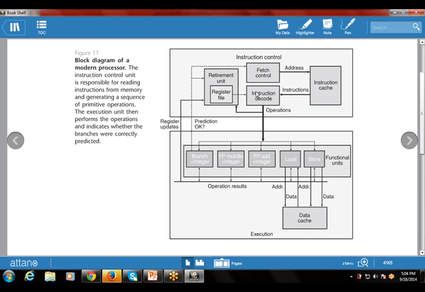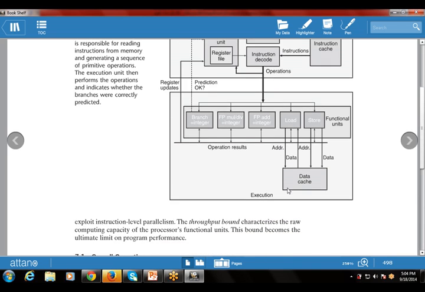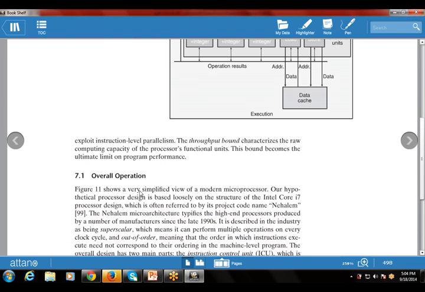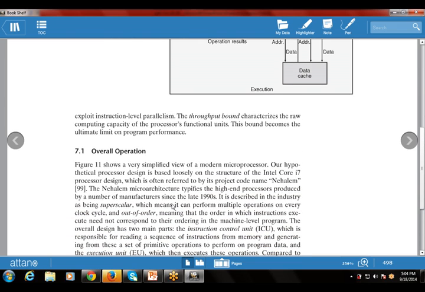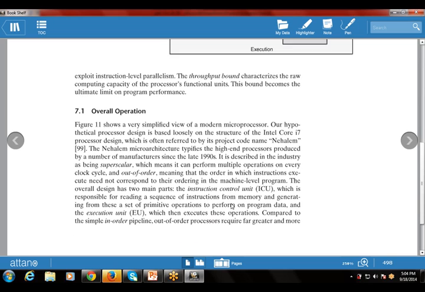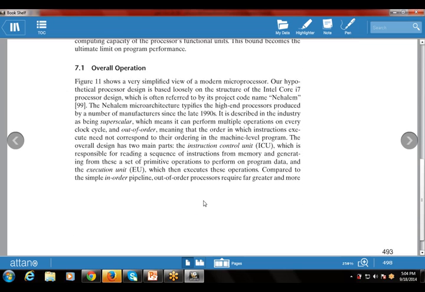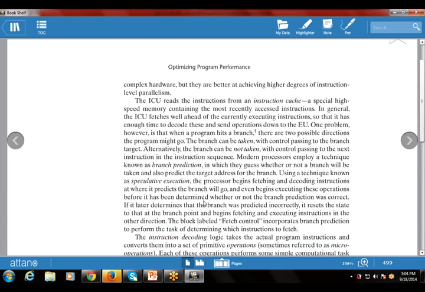As I told you, fetch control, instruction cycle, data cache, addresses, then overall operation, instruction cycle, execution unit, EU, pipelining.